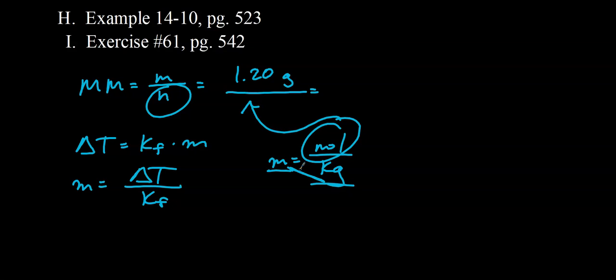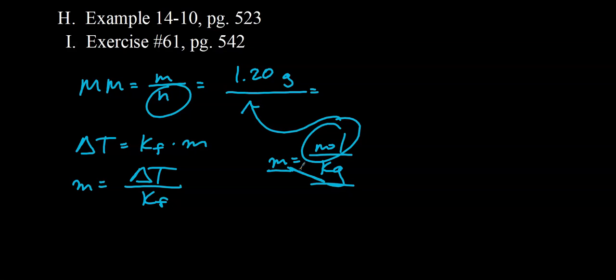Convert that to kilograms. And we get moles of solute, 0.0055. Take that and put it underneath the 1.20 grams. We want 2 sig figs, it looks like, in our answer. So you get 220 grams per mole, or 2.2 times 10 to the second grams per mole.